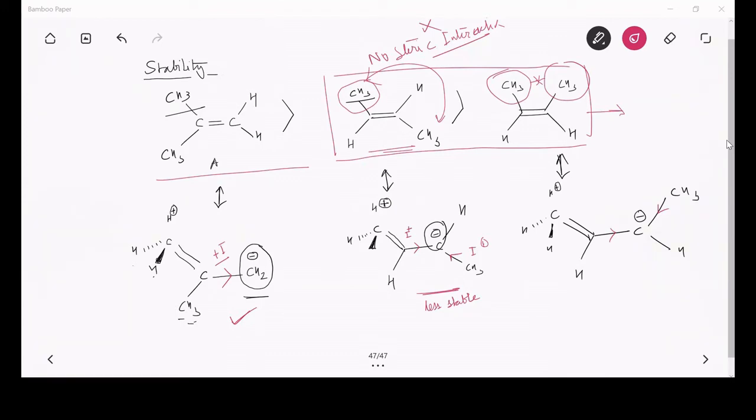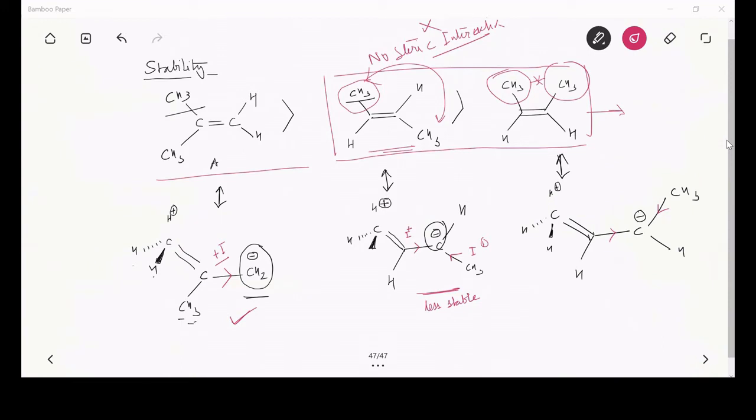That is elimination, unimolecular, with the conjugate base. Have you ever heard this term? Anyone, please. I don't know your syllabus, so please, someone tell me if you have that in your syllabus.